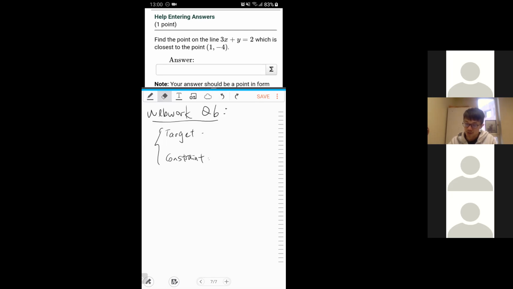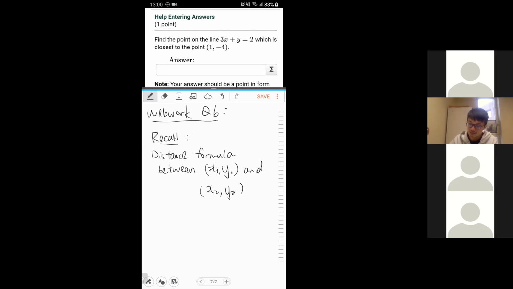Does anyone remember what is the distance formula between 2 points? That's a slope formula.